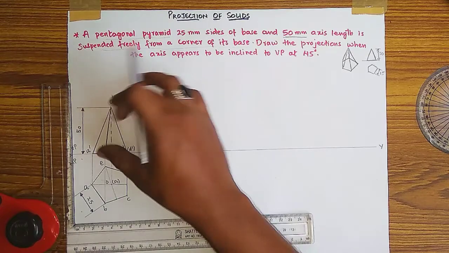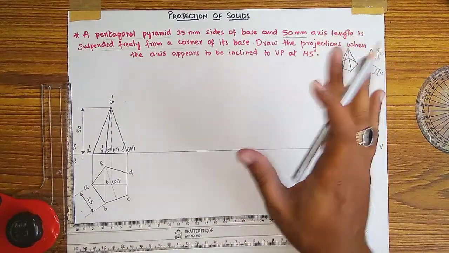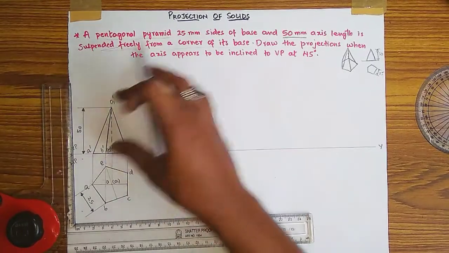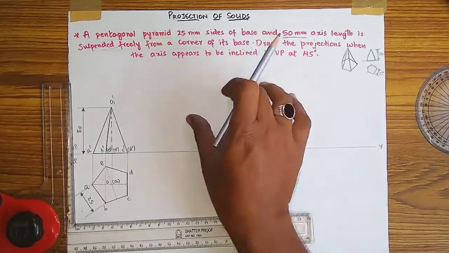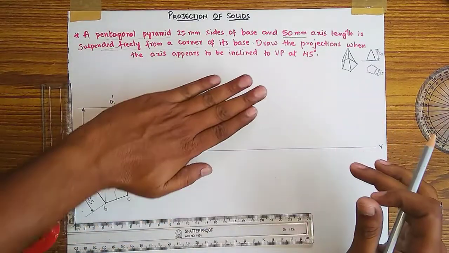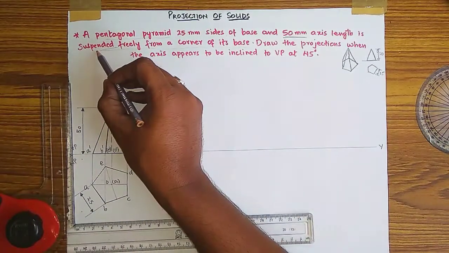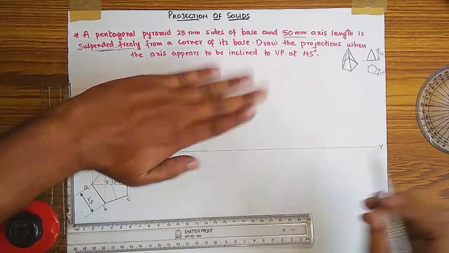Means you have to copy this pyramid here at any angle, because in the question he has not given you any angle. He said suspended freely, means it is freely suspended at any angle. You can draw it at any angle, like this or like this. So you have to copy this pyramid at any angle.